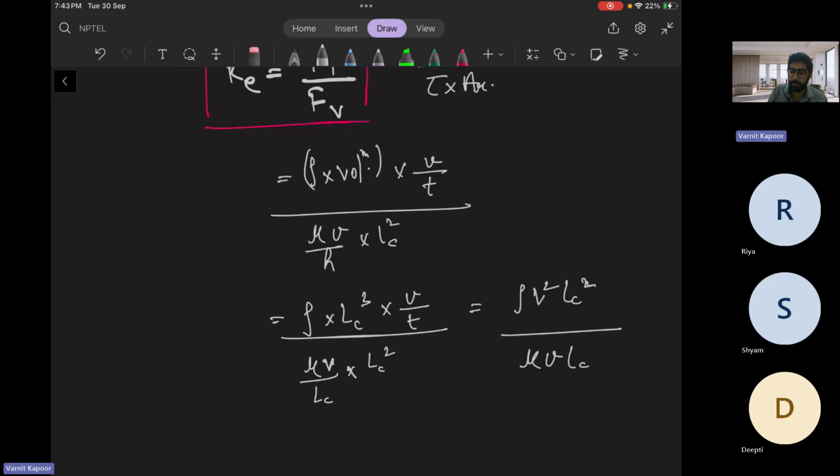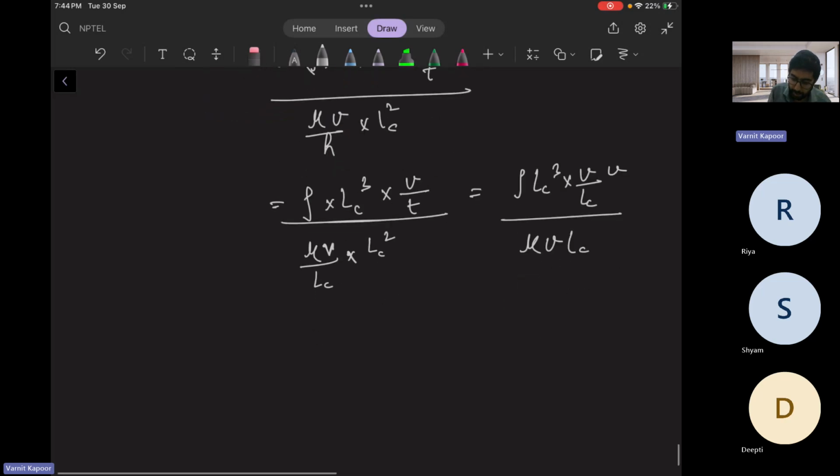Okay, if I write time as distance over speed, LC by V. Okay, I think students are confused. I'll write this. So this is LC cube, V as V only, time as LC by V.